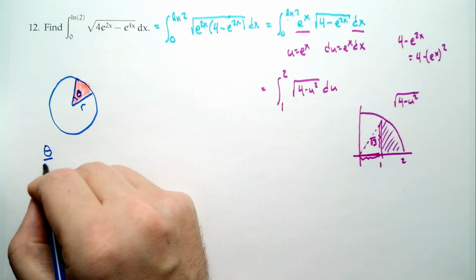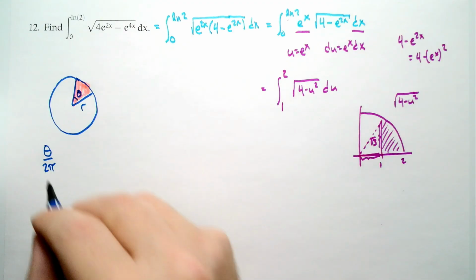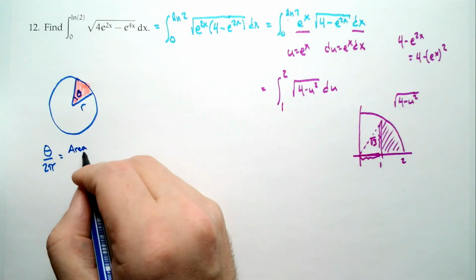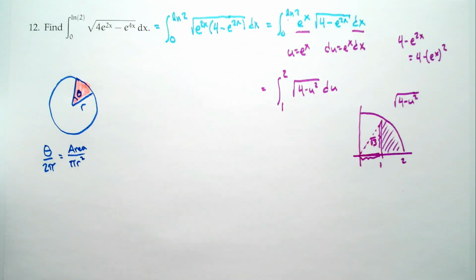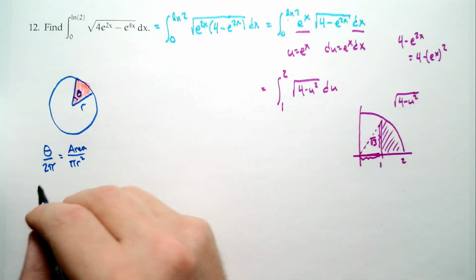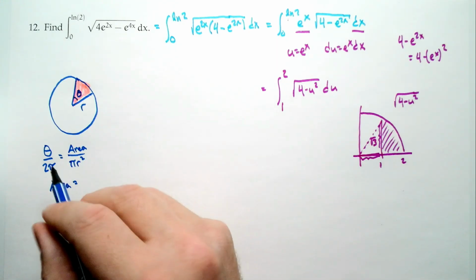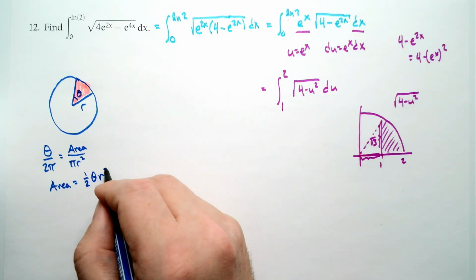It's theta over 2 pi, which is the percentage, if you will, of how much the angle takes for a full revolution. Versus I can think of it as the area of what's in the slice over the total area. That's the percentage of the area. So what you get is that the area of the wedge is 1/2 times theta times r squared.